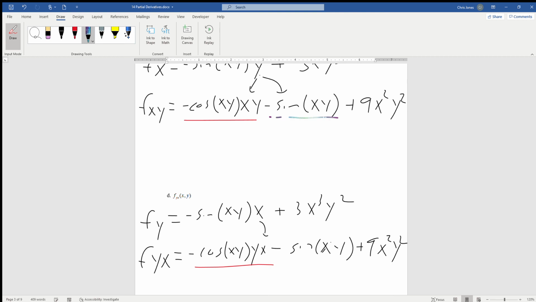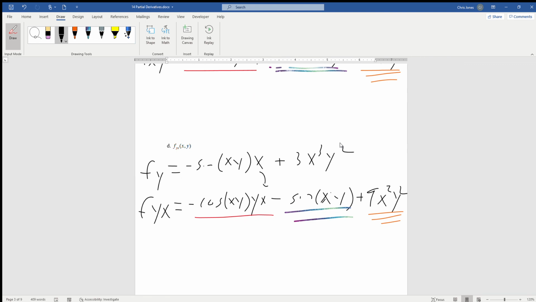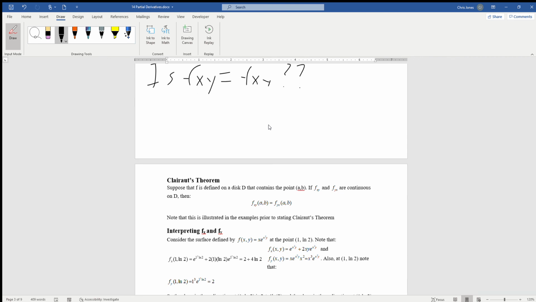We have negative sine xy, we have negative sine xy, and then finally, we also have this 9x squared y squared. So did we get lucky? Or in general, is fxy equal to fyx? And the answer to that is yes. In general, it is.